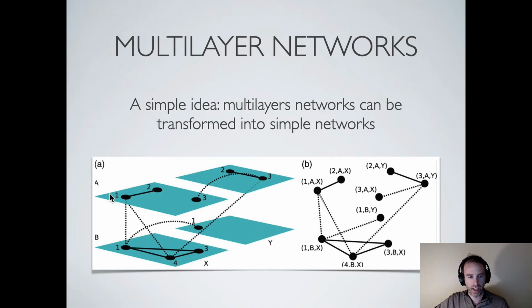You have X, Y, A, B, so this is layer AX, and this is node 1 of layer AX. With this representation, you have this single graph and you're keeping all the properties. You're keeping edges between nodes in the same layer, and you are also keeping edges between nodes in different layers. So this is a representation of a multi-layer network as a simple graph.